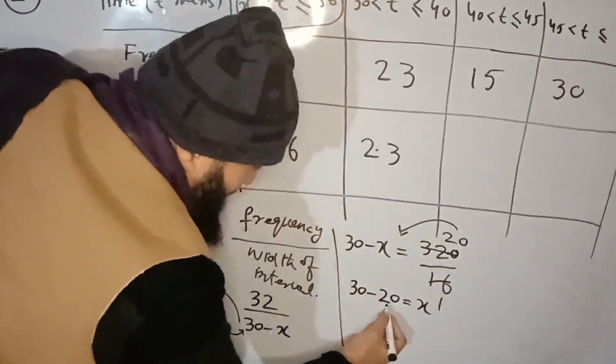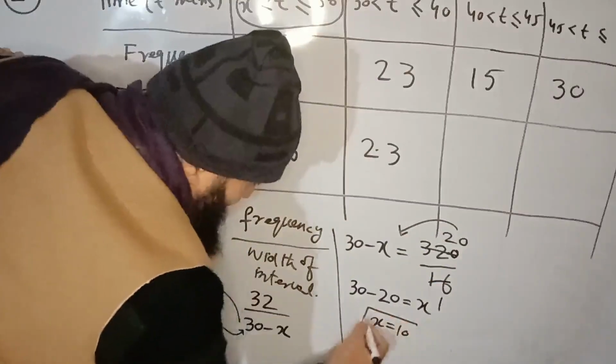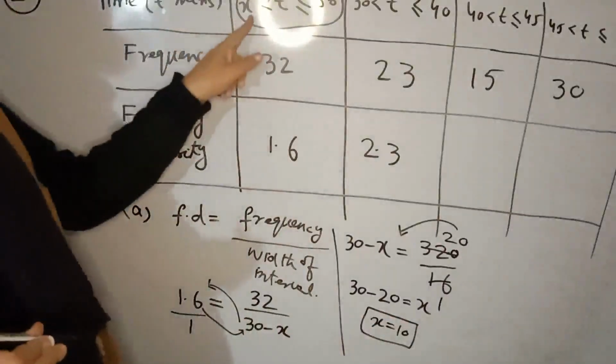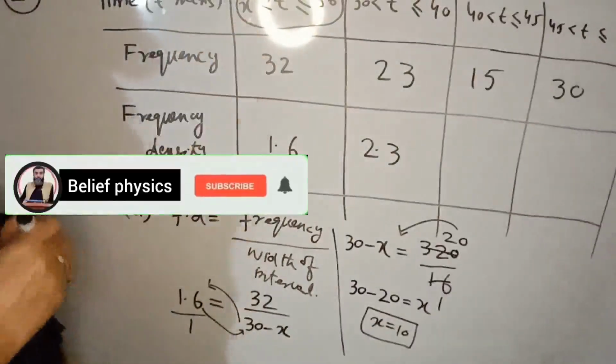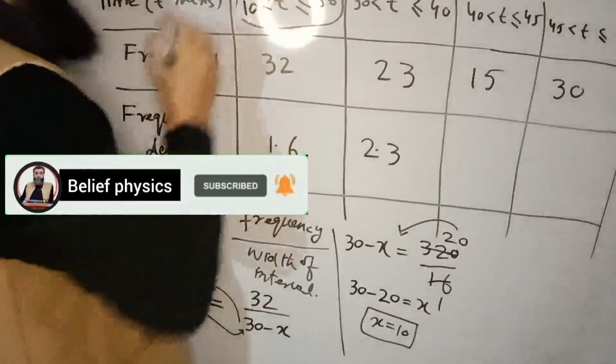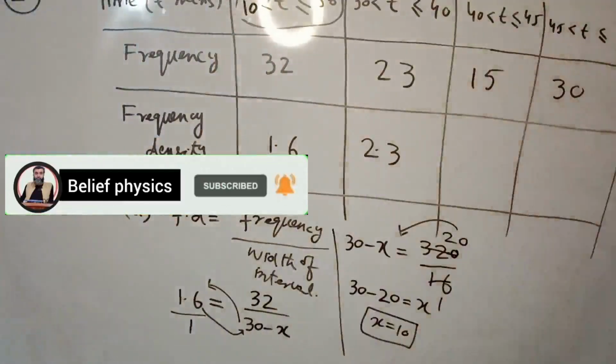So 30 minus 20 is 10. So x is equal to 10 is the answer of part A. So the value of x in this interval should be equal to 10. It means this interval is from 10 to 30. Got it? So that's the solution of the first part.